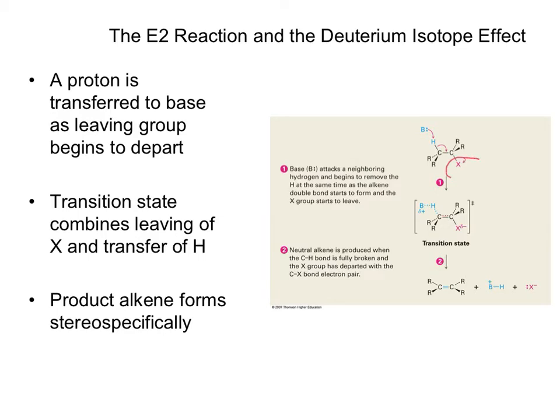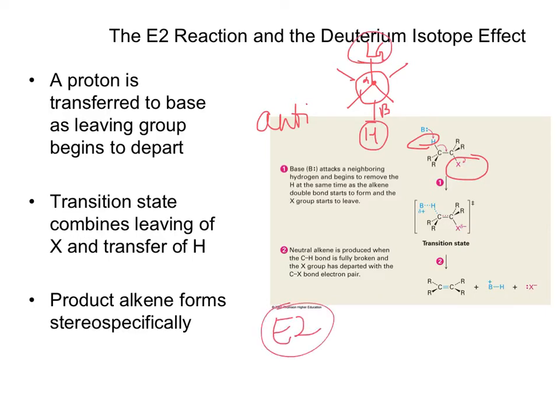If the leaving group and the proton that is supposed to be lost are absolutely anti with respect to each other, so recall what you learned in chapter 3, if your leaving group, I'm going to just call that Lg, and the hydrogen, which is supposed to be at the beta carbon. So this is beta, and this little dot here is alpha. If these two are absolutely anti with respect to each other, you would say E2 reaction mechanism is possible.